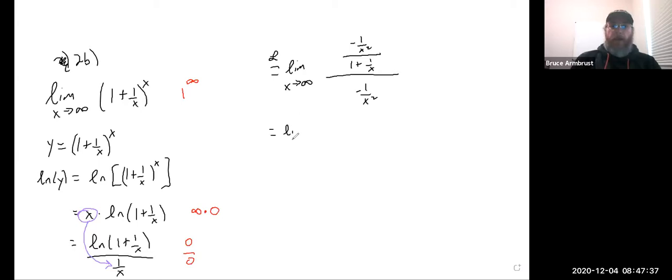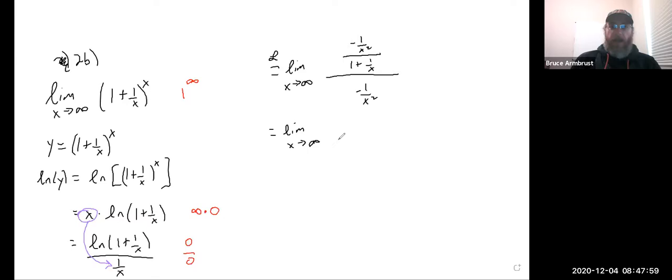Okay, so before we take this limit, let's simplify this a little bit. I'm going to multiply everything by a minus x squared. Or if you want to think about it, since we're dividing by this fraction, it's the same as flipping it over and multiplying.